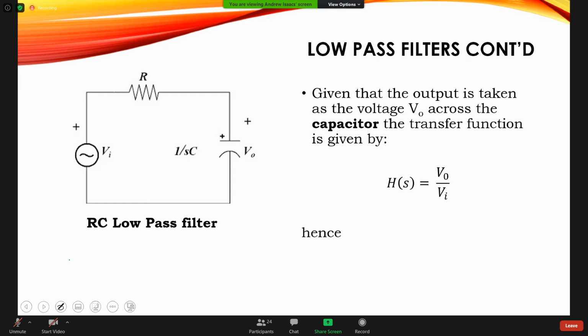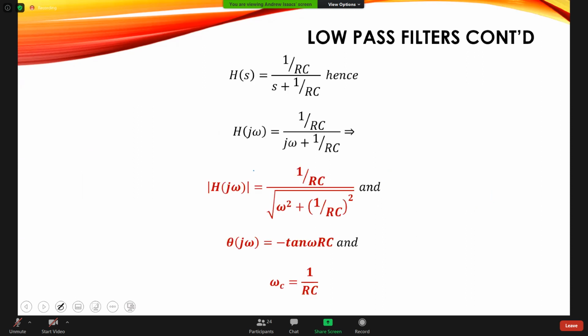But we need to come back and look at the transfer function. Yes? So the transfer function, V out over V in, but the output is across our capacitor. So we can use a similar analysis as before. Okay.